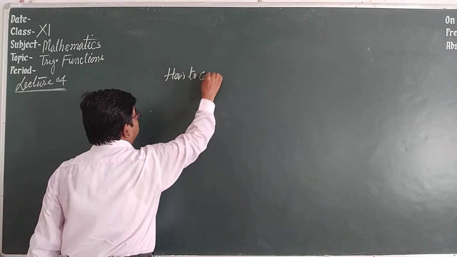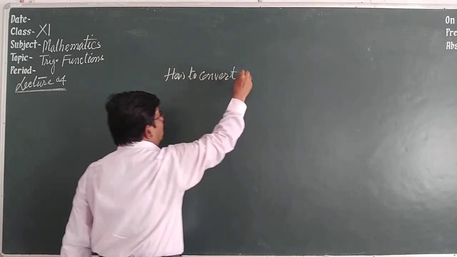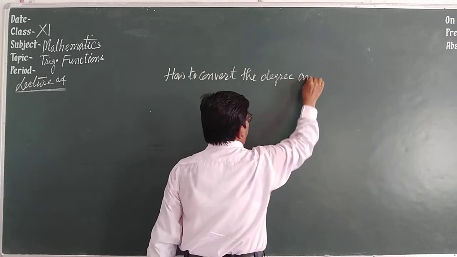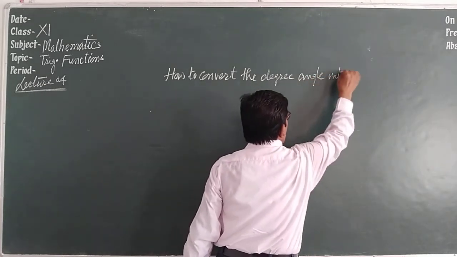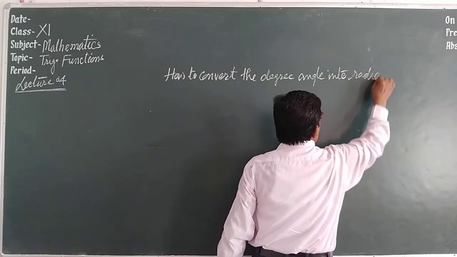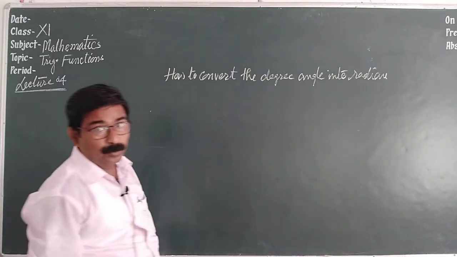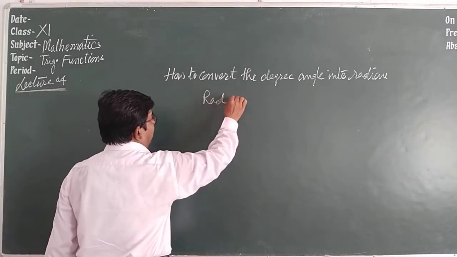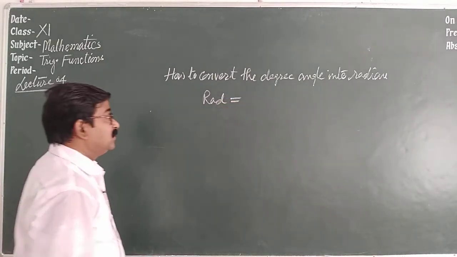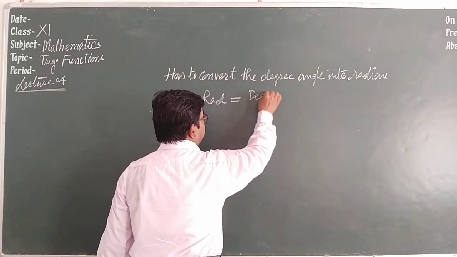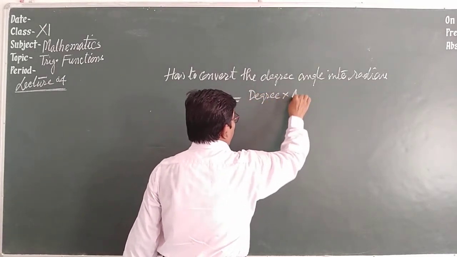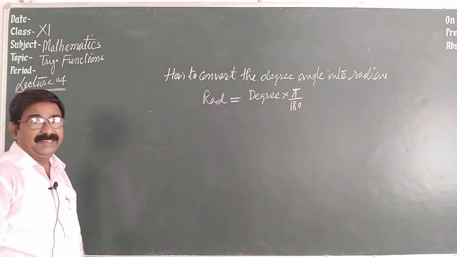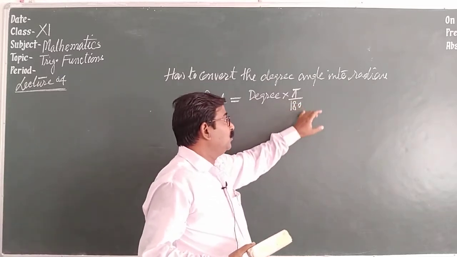Radian is equal to degree into pi upon 180.